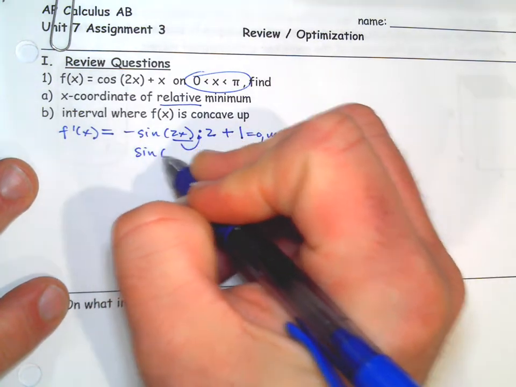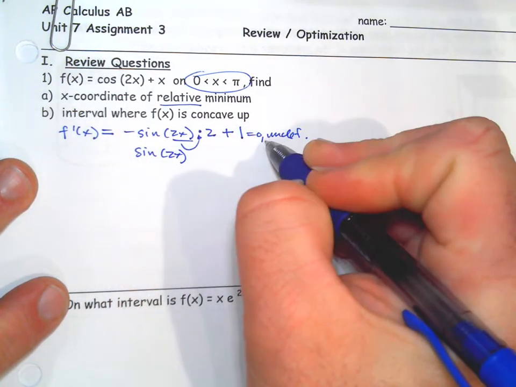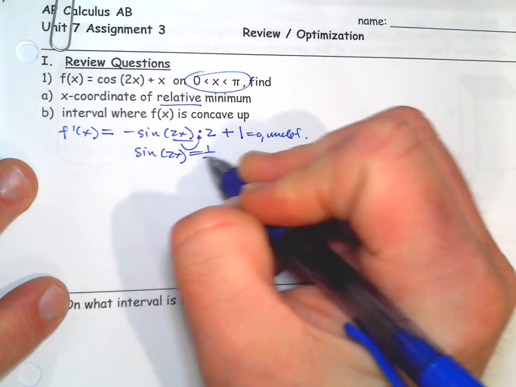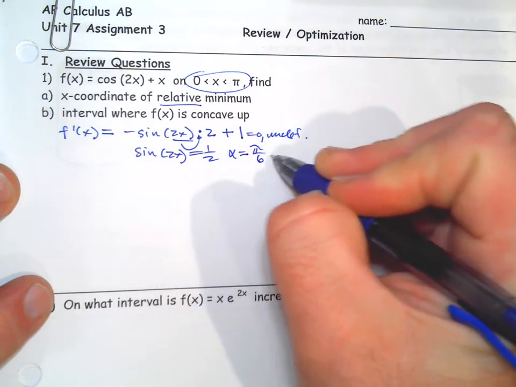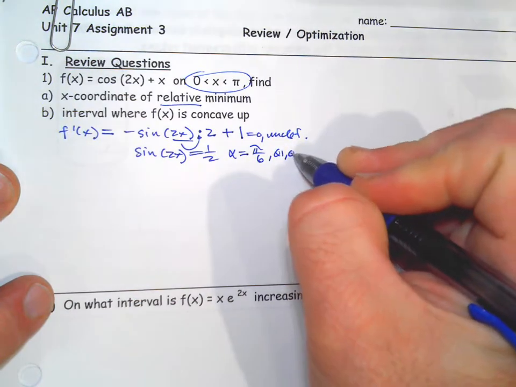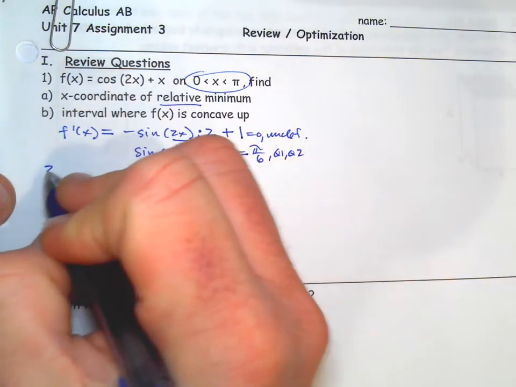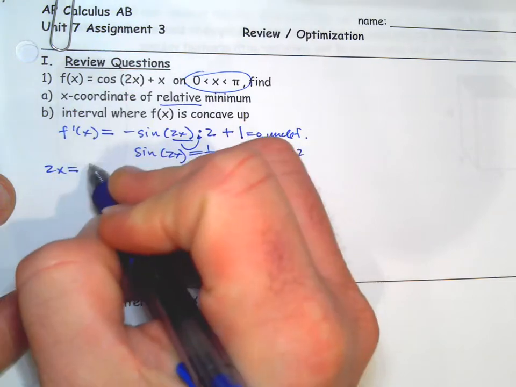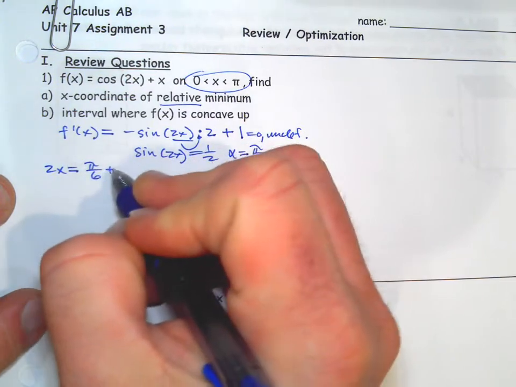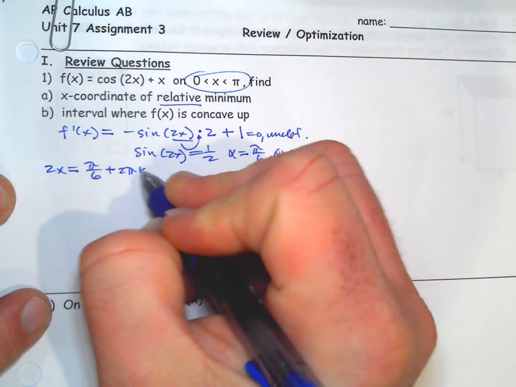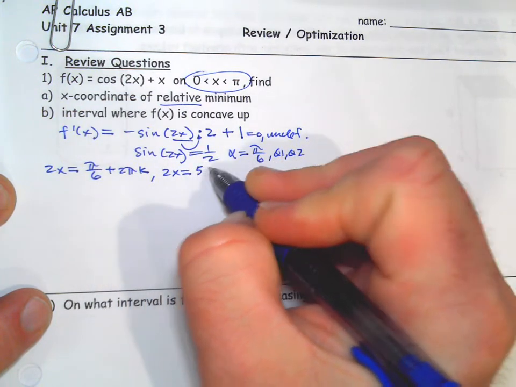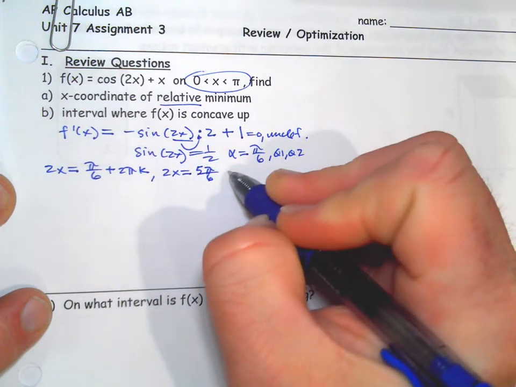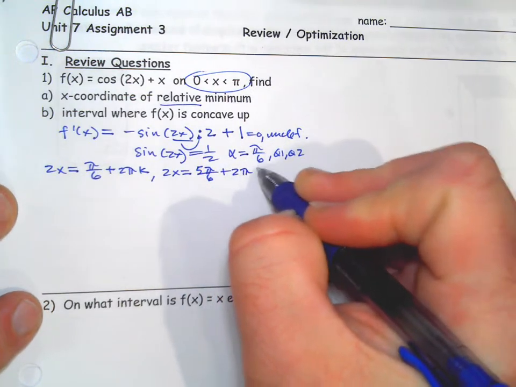So we're going to get sine 2x equals negative 1 divided by negative 2, which is positive 1/2. Alpha is pi over 6, quadrants 1 and 2. So 2x equals pi over 6 plus 2 pi k, and 2x equals 5 pi over 6 plus 2 pi k.